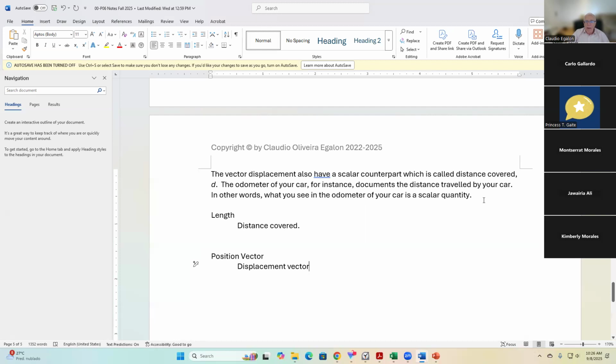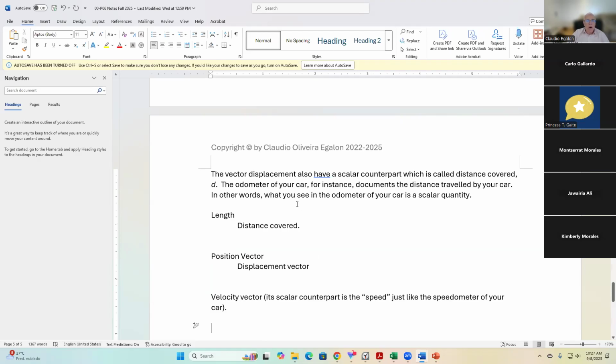So we have something else, the velocity, right? Let's look at the velocity vector. Its scalar counterpart is the speed, just like the speedometer of your car.